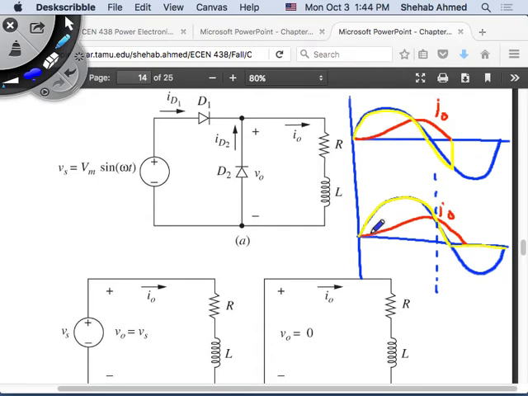So diode 1 is carrying this part of the current, and then diode 2 is carrying this part of the current. Right? That's the only difference between the freewheeling case and the case without the freewheeling diode.